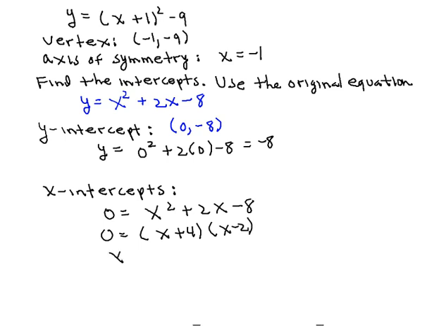And so this will produce the x values of -4 or +2. So we can then say that the x-intercepts will be the points -4, 0, and 2, 0. So next we'll put all this information together and sketch the graph.